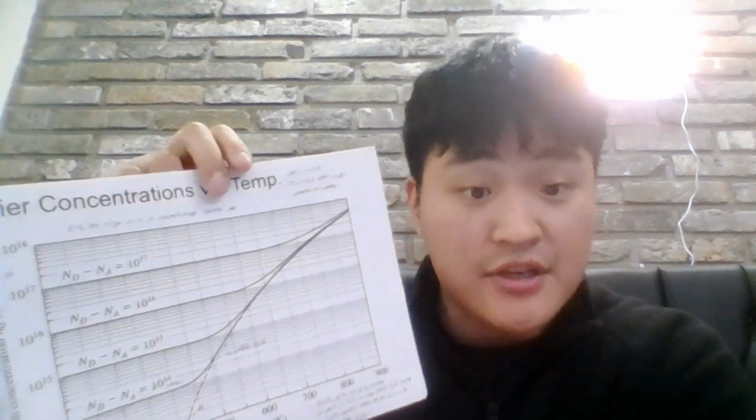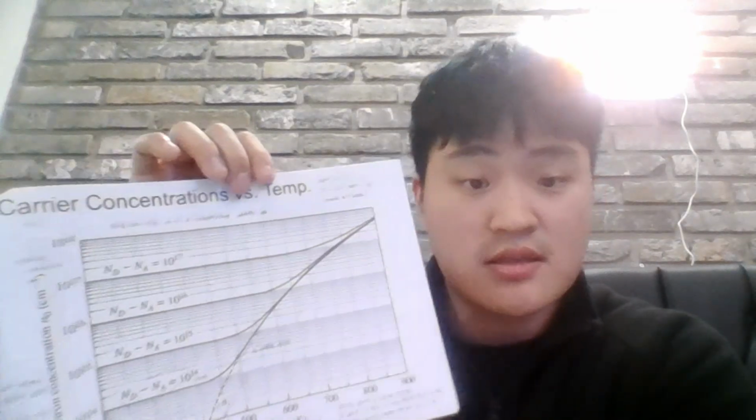So the conclusion is when the temperature gets higher, the intrinsic semiconductor carrier concentration gets higher also. Right? That's because if the temperature gets higher, way more electrons can jump from the valence band to the conduction band.